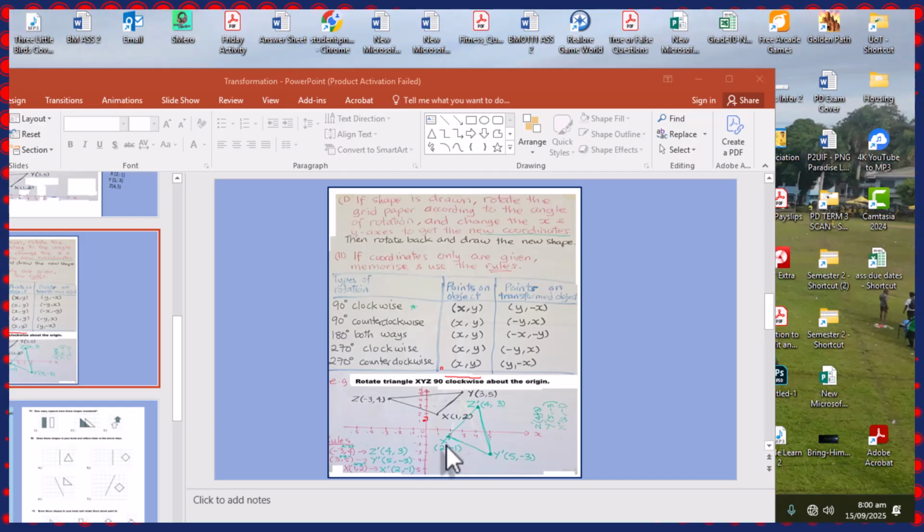So again, you can rotate the paper physically to get your new rotated shapes, or you can memorize all these rules for the different types of rotations, memorize them, and apply them instead of physically rotating your paper.